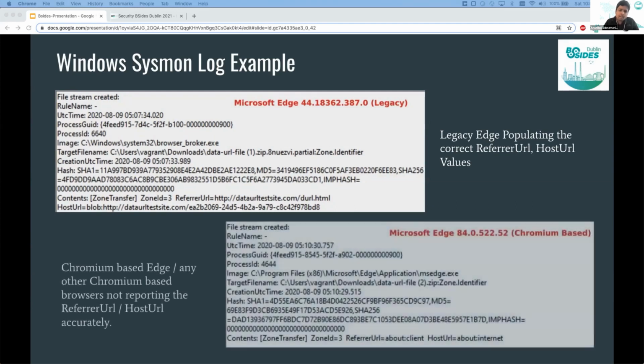But surprisingly, more modern browsers like the Chromium-based Edge and any Chromium-based browsers are not reporting the referrer URL and the host URL values correctly. You can see it's like about:client and about:internet, which is kind of a little vague when somebody is trying to connect the dots in a drive-by download attack.